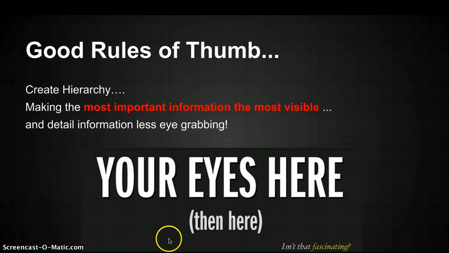So for instance, the name of the company or your name, which are the most important parts of a business card, should be bigger, with bigger fonts, or a contrasting font, or a different color so that it grabs your eye. And details like, say, the contact information, you'll notice is much smaller. So that's creating hierarchy.